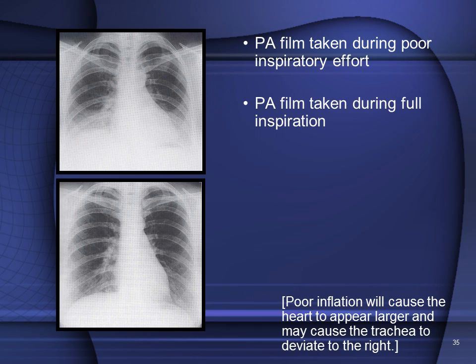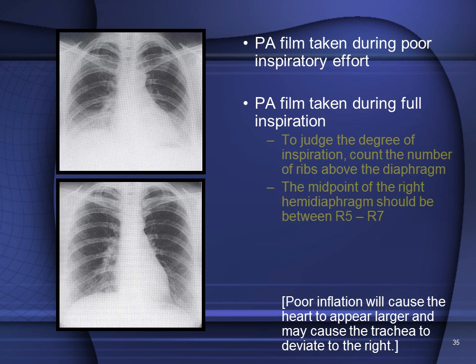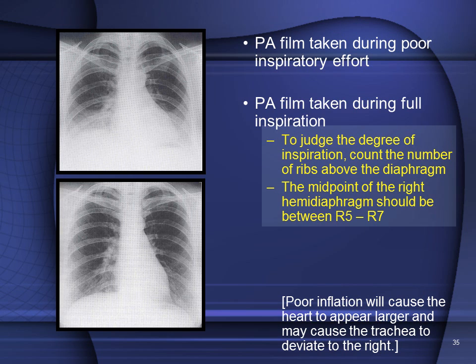Another aspect that may affect how the patient's cardiac silhouette appears on the film is inspiratory effort. And the standard that is used is the PA projection. And usually a film is taken during a full inspiration. And to judge the degree of inspiration, we count the number of ribs above the midpoint of the right hemidiaphragm.